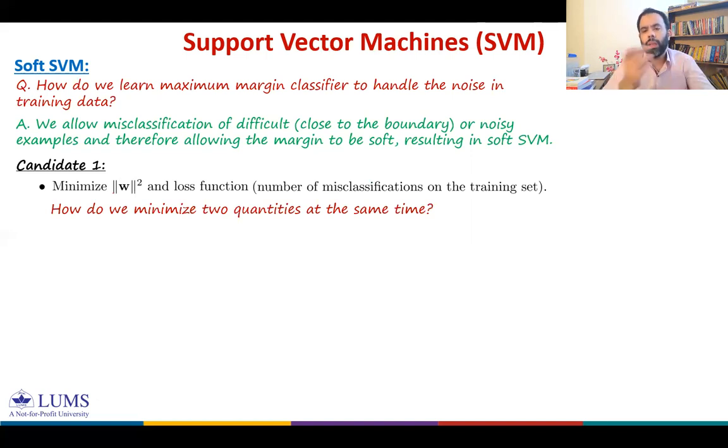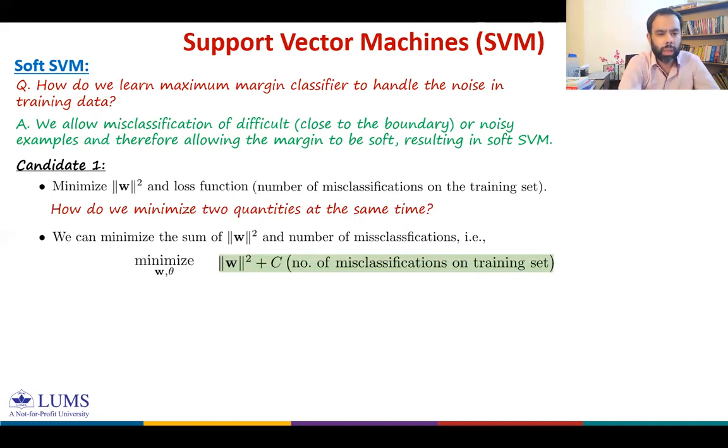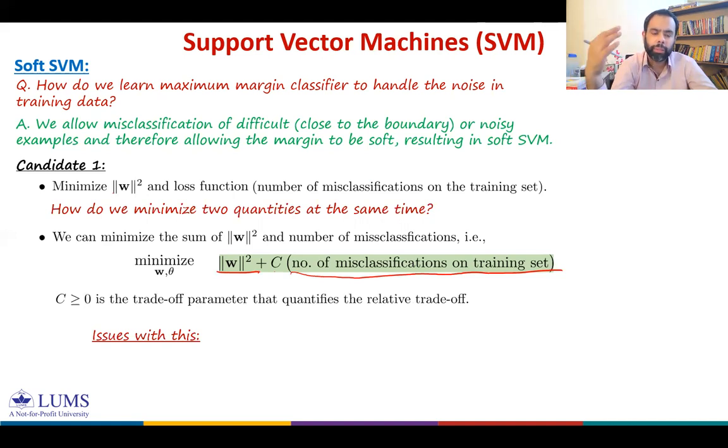We can take a weighted sum of these two. That is, we minimize the square of the Euclidean norm plus C times the number of misclassifications on the training set. You can consider C as a constant that serves as a trade-off between the number of misclassifications and the square of the Euclidean norm of w.